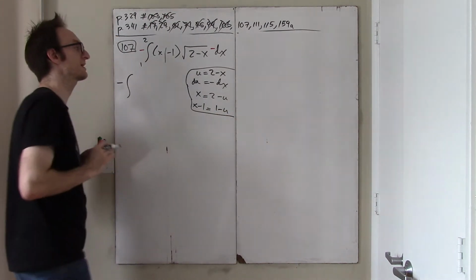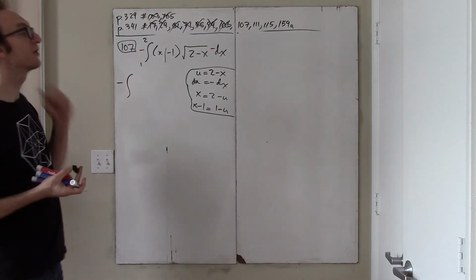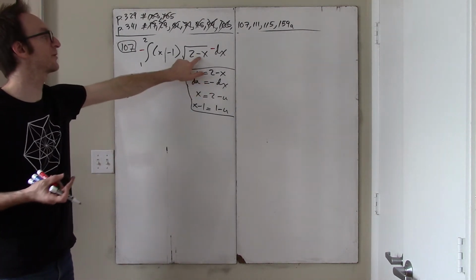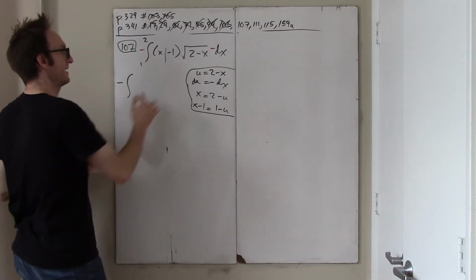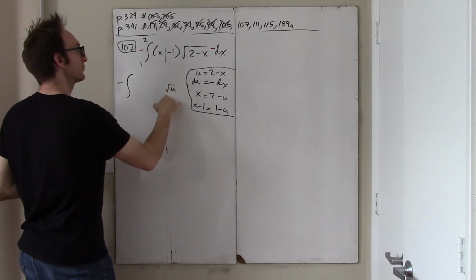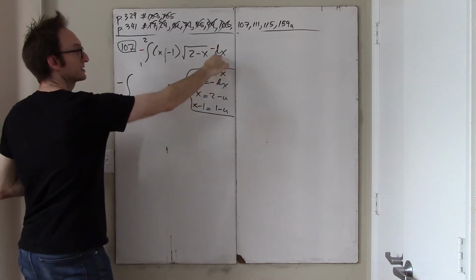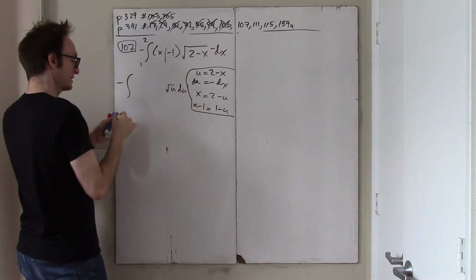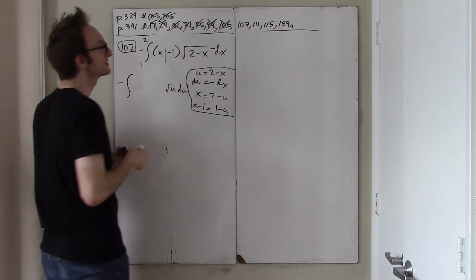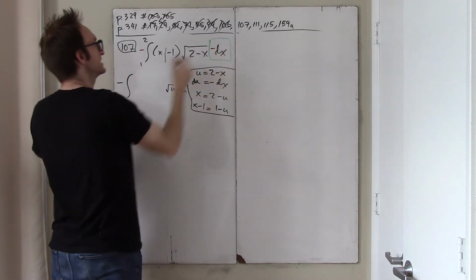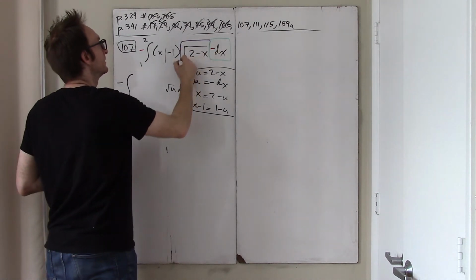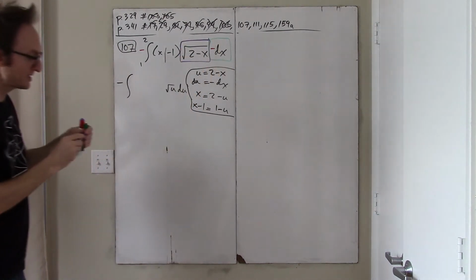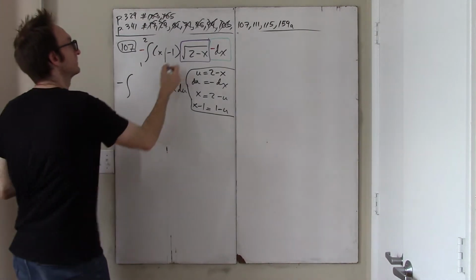In other words, the thing that caused me to think to do this substitution is that I really wanted this to be just like a monomial, essentially. And in fact, I do get root u du here, because du is just negative dx. So this thing in green becomes du, this thing in purple becomes root u, and now I just have to deal with this thing in blue.